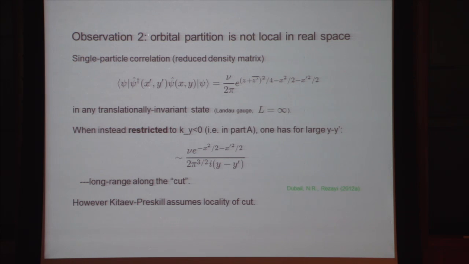And you know what happens if you have something which is discontinuous in Fourier space and you transform it back to real space, you get some long-range dependence.